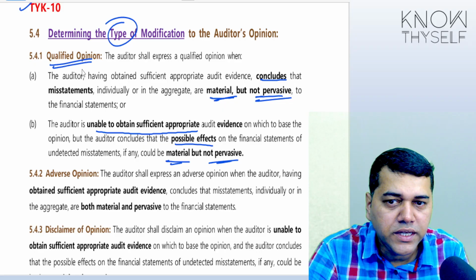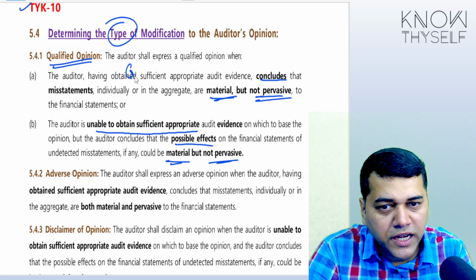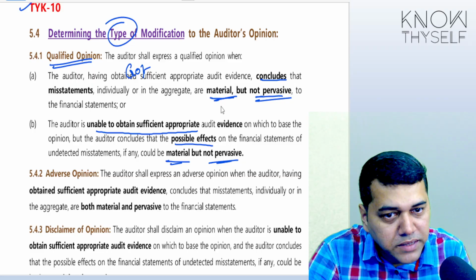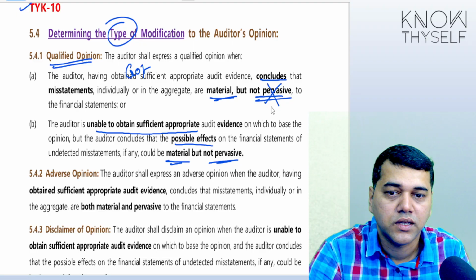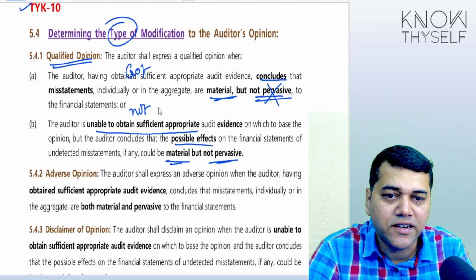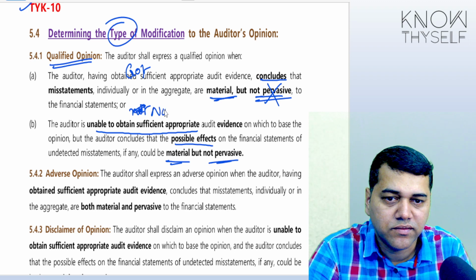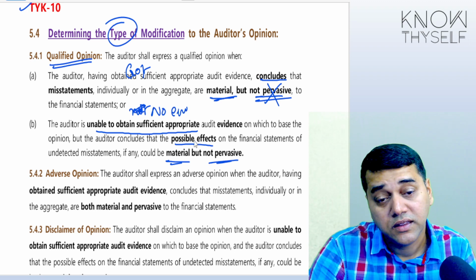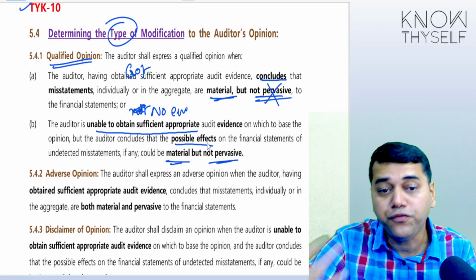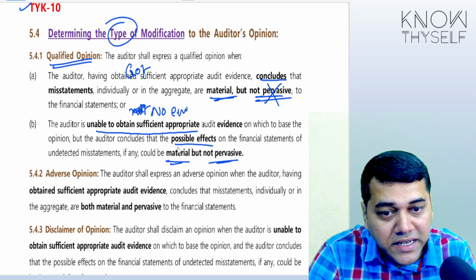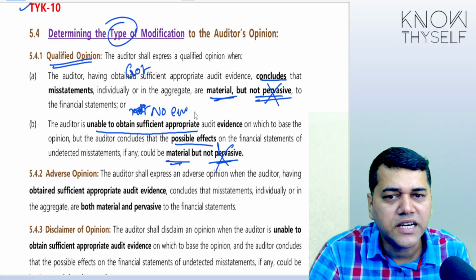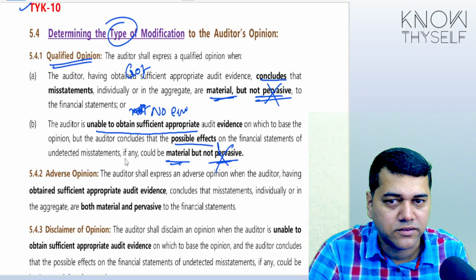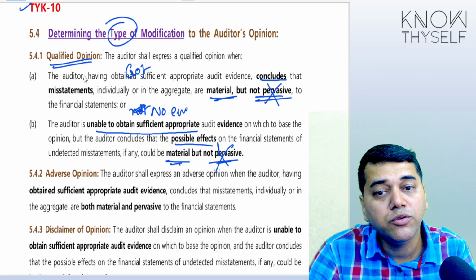So, a qualified opinion happens when you got evidence that there is material misstatement but it is not pervasive, or you didn't get evidence and you feel the possible effects are material but not pervasive. I think you must have practiced this in intermediate. So you have to practice this.